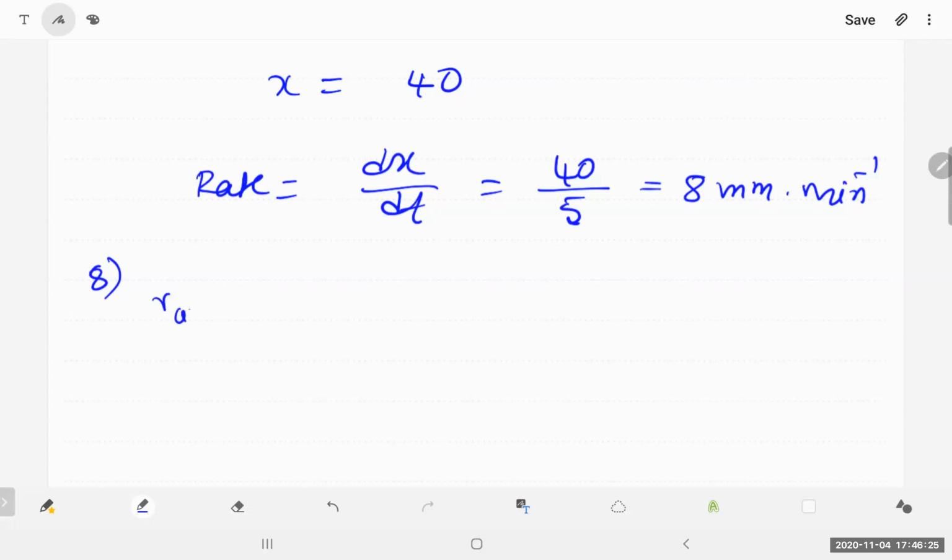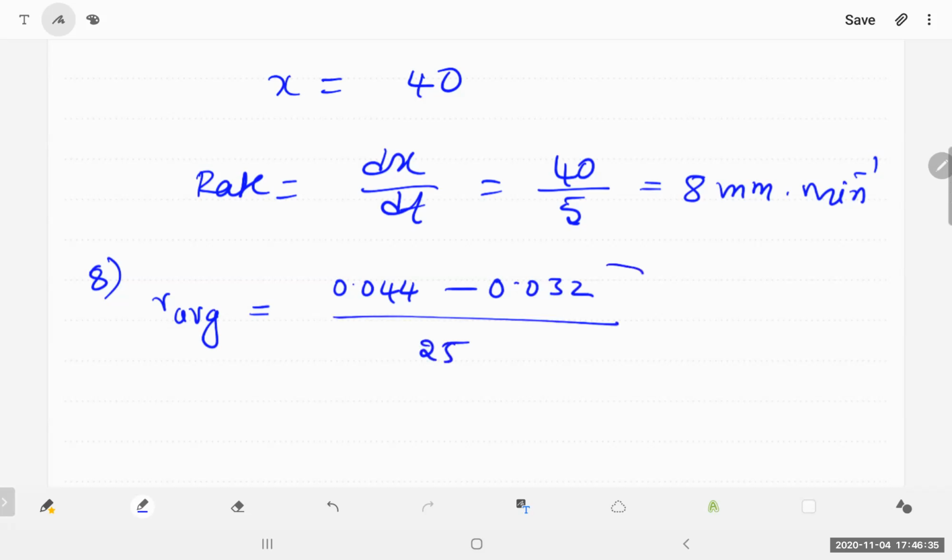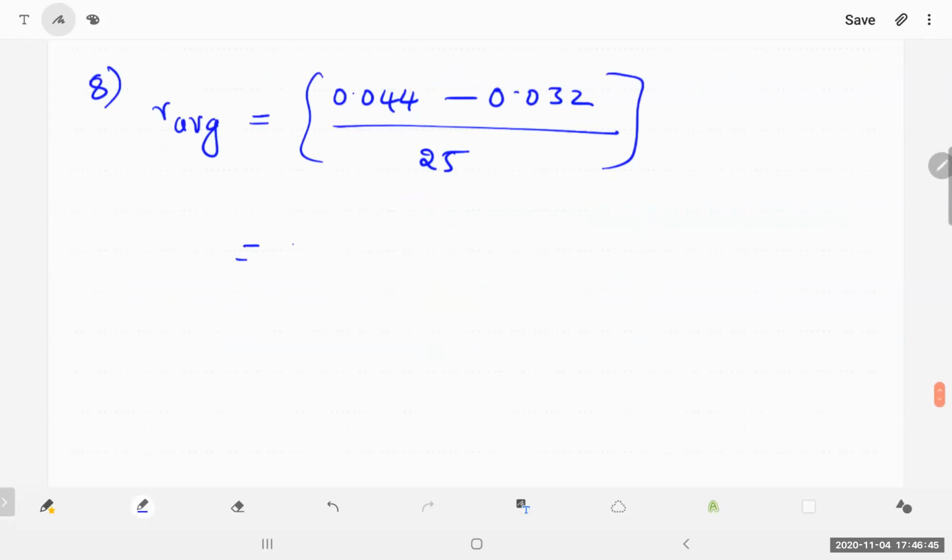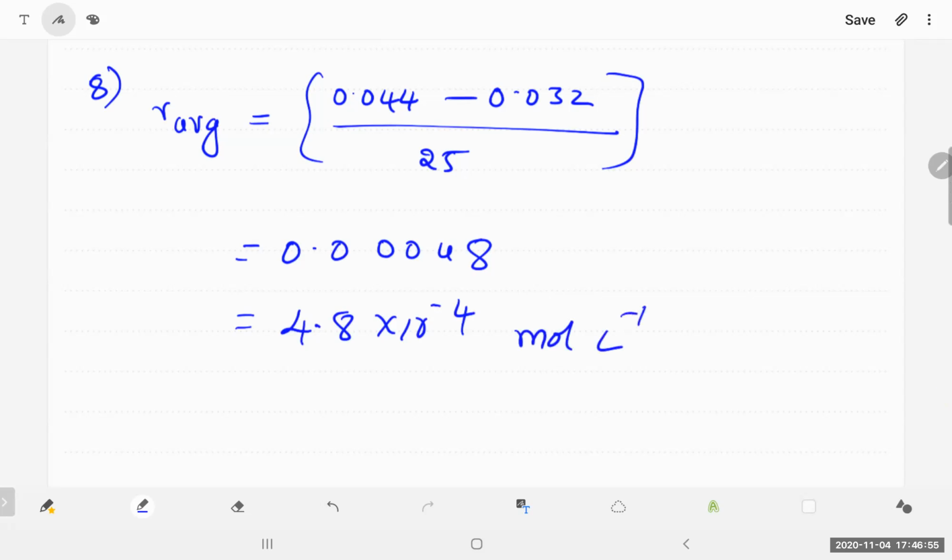So rate average is equal to 0.044 minus 0.032 by 25. So that gives 0.00048, so 4.8 into 10 power minus 4 mole per liter per minute.